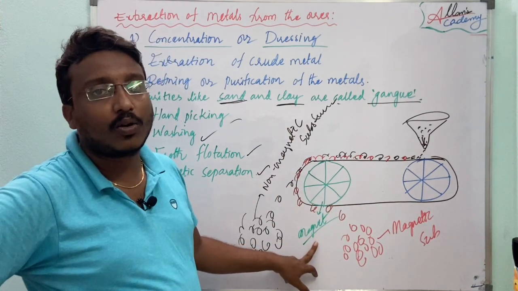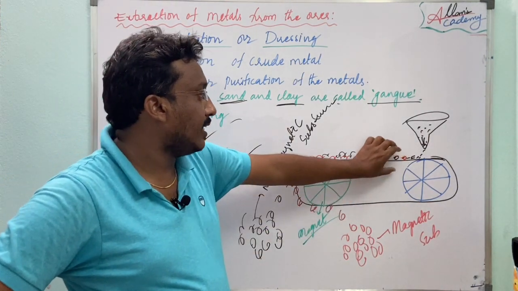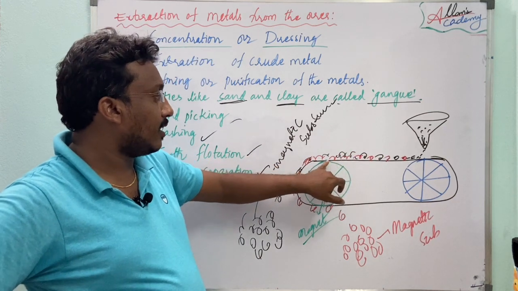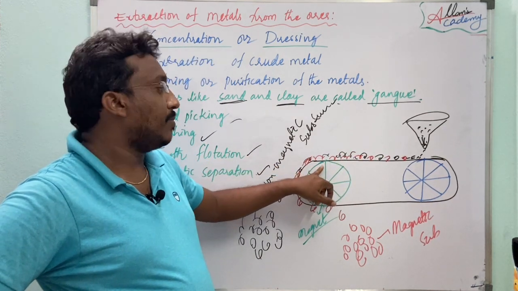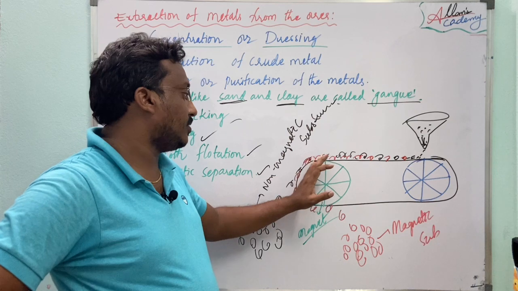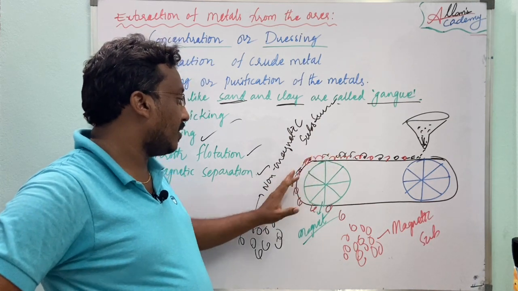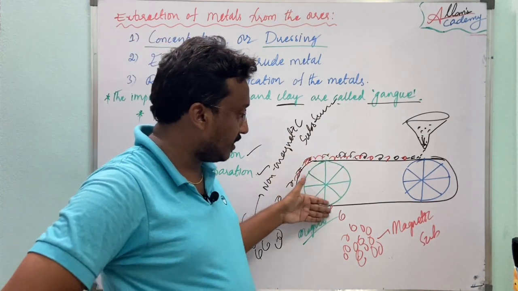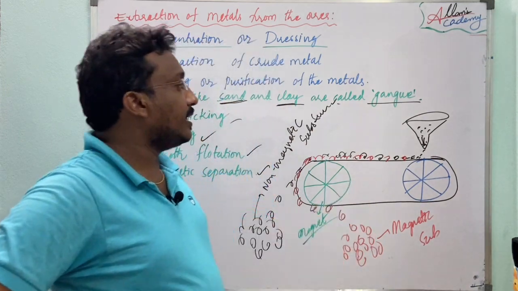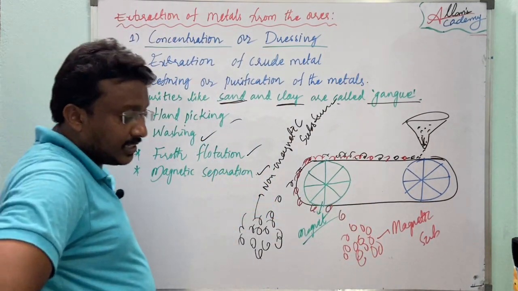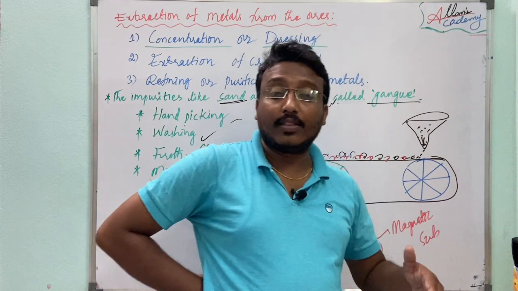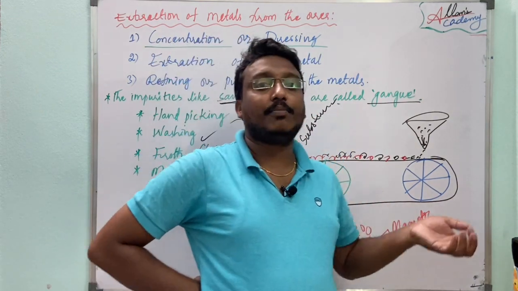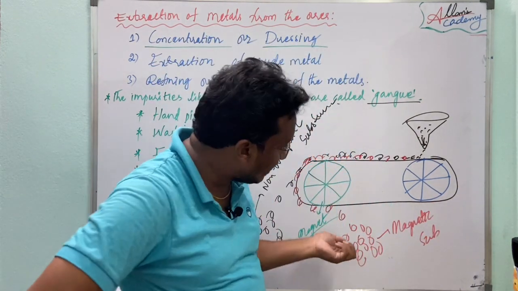When the powder comes near the magnetic wheel, the magnetic substances stick to it, and the impurities fall here. The magnetic ones fall here. That means this method is possible only when the ore is a magnetic substance.